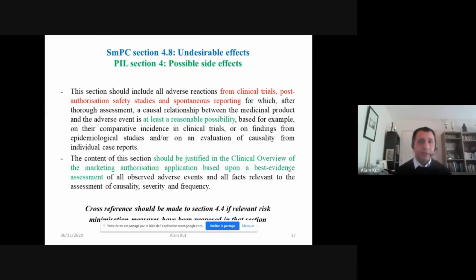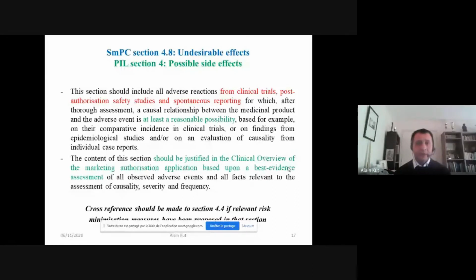It is based, for example, on their comparative incidence in clinical trials, if the drug is compared to another drug or to placebo, or findings from epidemiological studies, then in phase 4 studies, evaluation of causality from individual case reports. And sometimes, as everybody knows, individual case reports could be a signal in some cases.